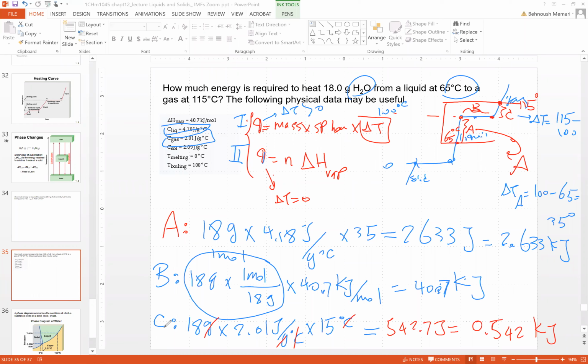I have to add all 3 of them, as the Q equals A plus B plus C. You just add the 3 together.